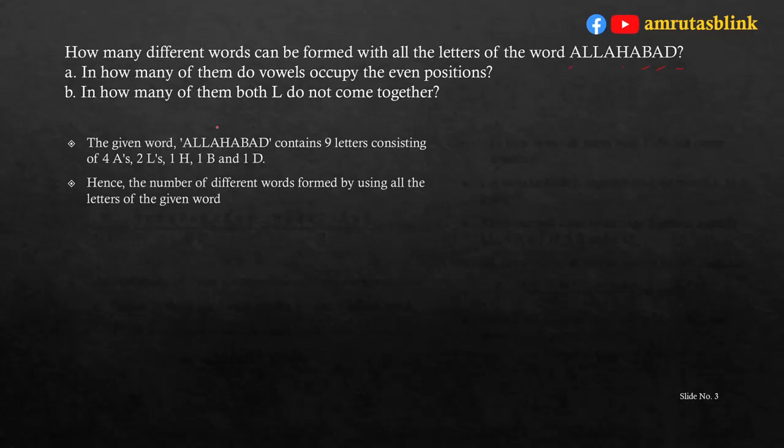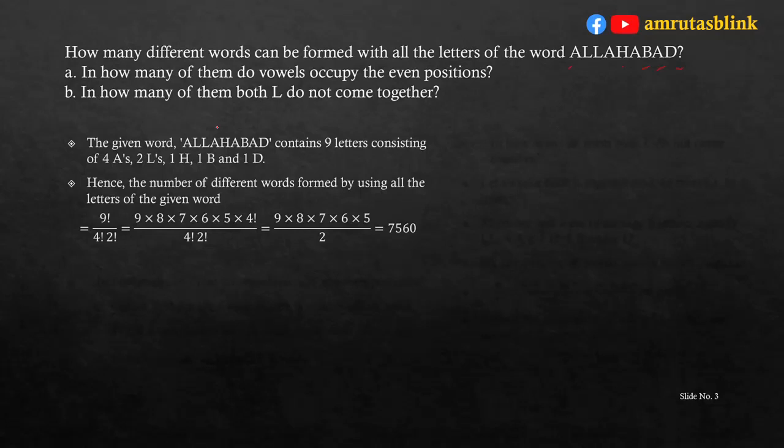Hence the number of different words formed by using all the letters of the given word would be 9 factorial upon 4 factorial into 2 factorial. Now 9 factorial we will split up to 4 factorial, that is 9 into 8 into 7 into 6 into 5 into 4 factorial divided by 4 factorial and 2 factorial.